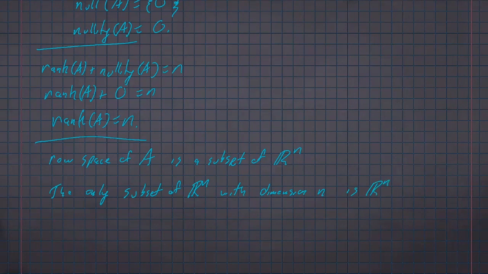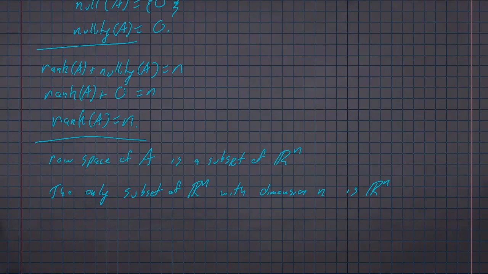And since the rank of A is n, that means that the dimension of the row space is n. So the row space is in fact Rn. And for the row space to be Rn, that means that the rows span Rn.